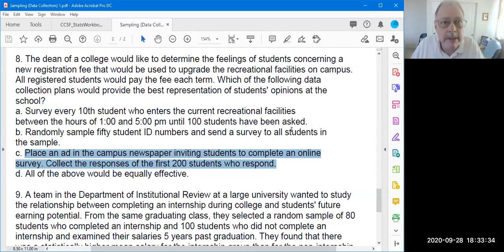The worst thing is you get something called voluntary response bias. The only people who will take the time to fill out your survey are the ones who really care. So they're either people who use the facility a lot, so they really care, or they just really don't like the fees, so they care.